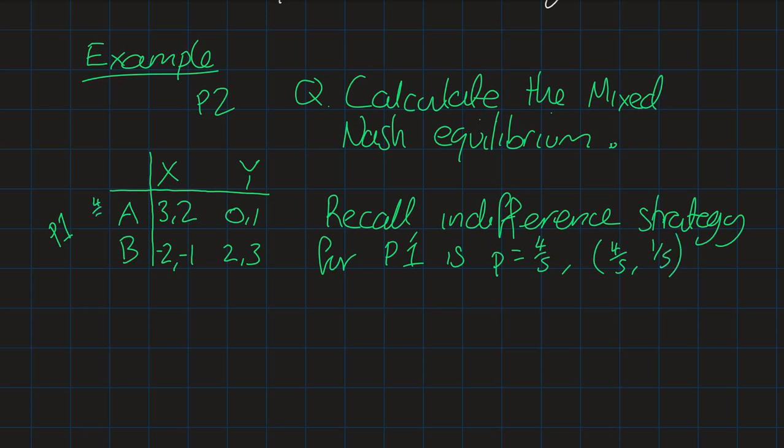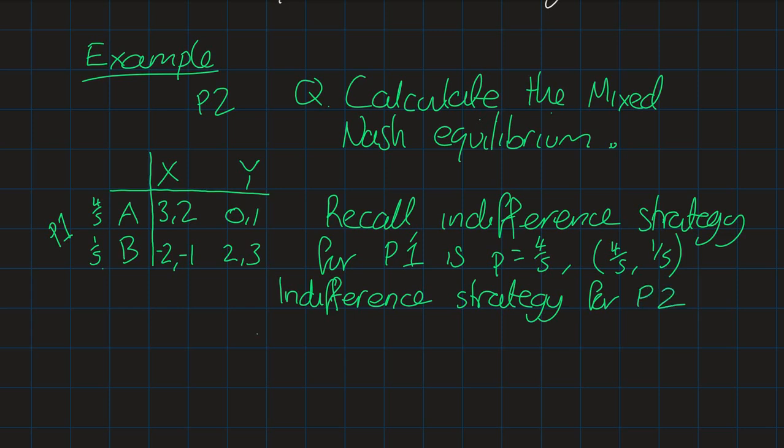That's the indifference strategy for player 1. And the indifference strategy for player 2 is given by Q equals 2/7, or more concisely, 2/7, 5/7.